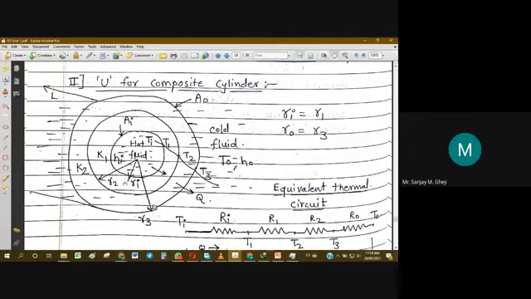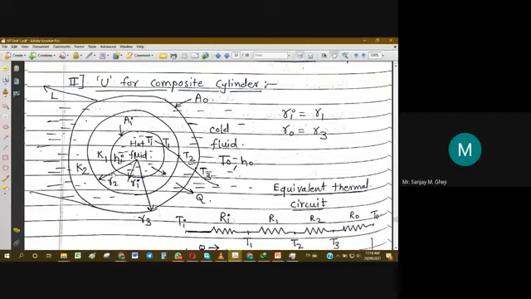So in all there are three radii. One is Ri, and R3 can be said to be the outermost radius. To avoid any confusion, we can just number them: Ri equal to R1, and Ro equal to R3, and R2 will be the intermediate radius.